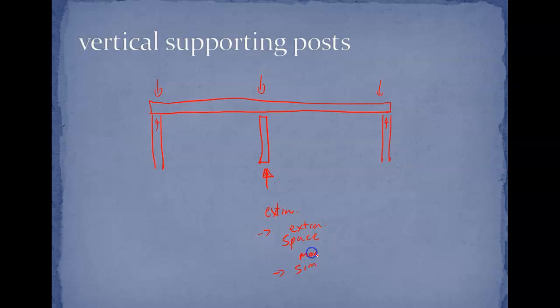So this is the most simple solution, and it's usually the most cost effective. Okay, so this would be one of the cons, and these would be a couple of the pros as to why we might want to do the extra vertical column.